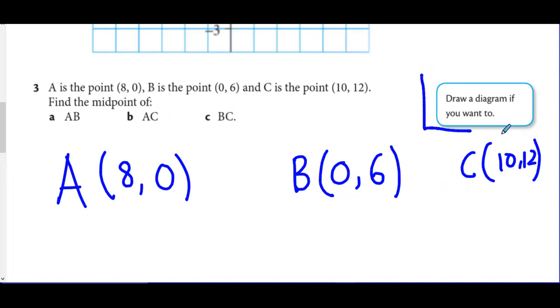Now, there is a hint here: draw a diagram if you want. Do you know which diagram they are talking about?